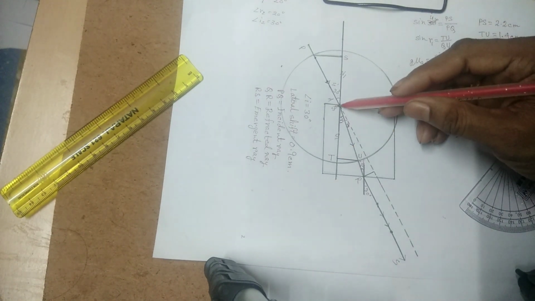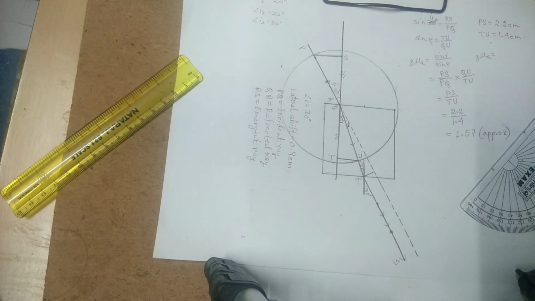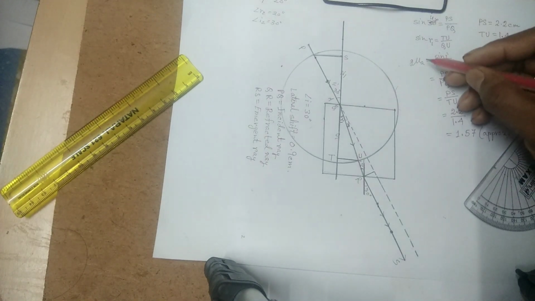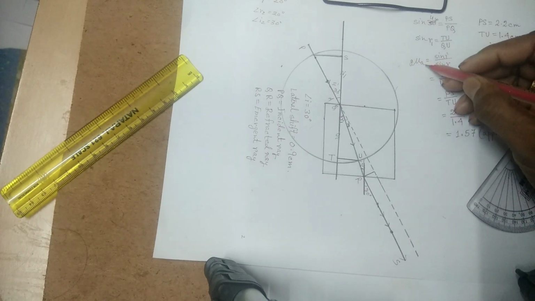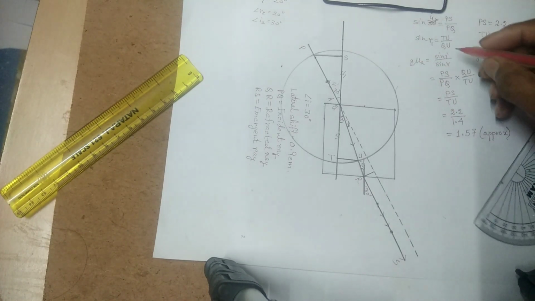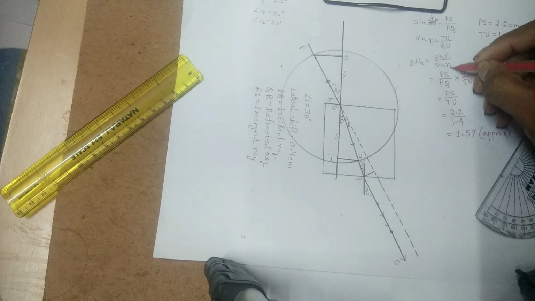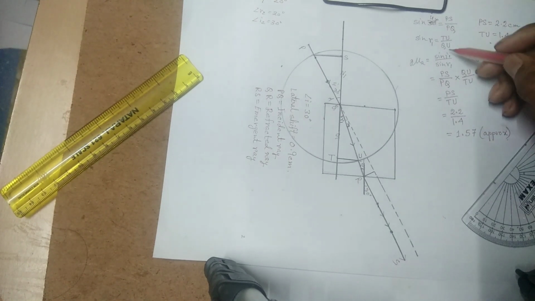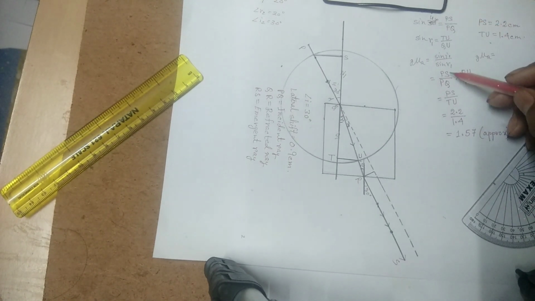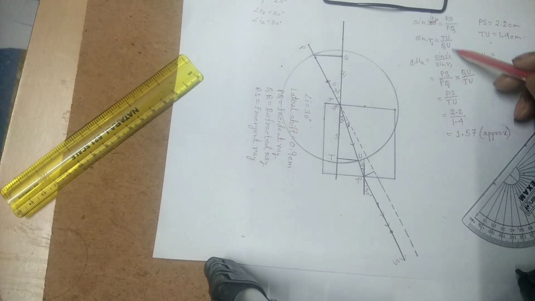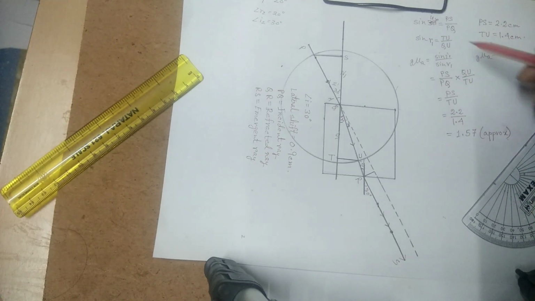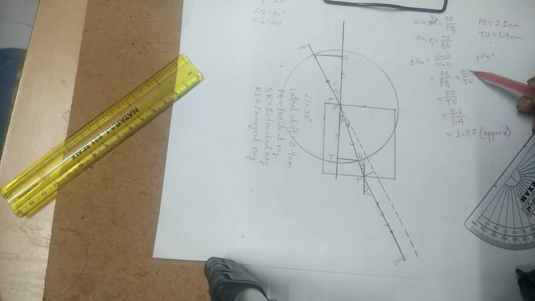Now we know that to find the refractive index of glass with respect to air, it is sin I1 by sin R1. Right? We find sin I1 as PS by PQ, and sin R1 as TU by QU. Therefore, it will multiply QU by TU.